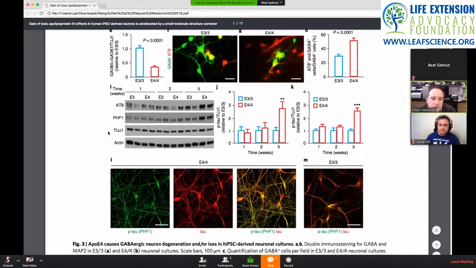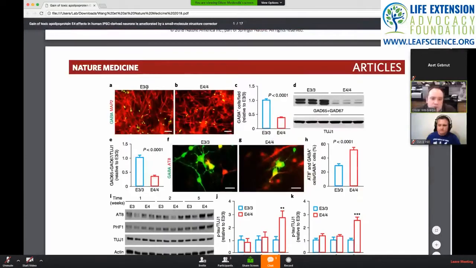So what we have here are fields of view stained for fluorescence microscopy: GABAergic, MAP2 for all neurons, GABAergic neurons, E4. And what they do is in the culture they're adding these factors to get these human somatic cells to differentiate, turn into human induced pluripotent stem cells, then convert into these neurons.